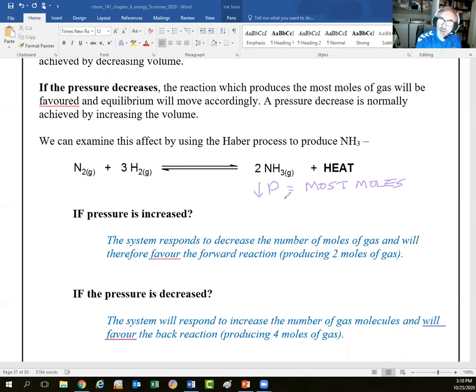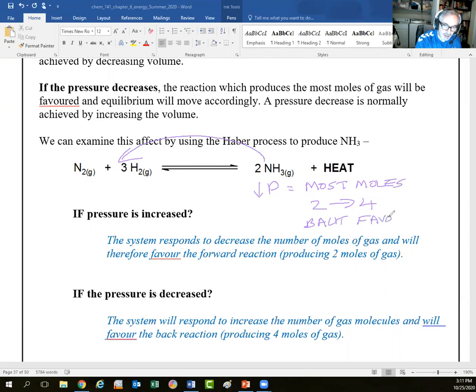Because the pressure is off, we've got more space to fill. That can clearly be interpreted as the back reaction from right to left, starting off with 2 moles, and we turn it into 4 moles. So the back reaction is favoured because we go from 2 to 4. That's definitely action which is producing more moles of gas. And so we say that the back reaction is now favoured.